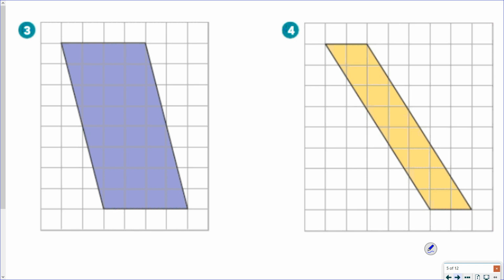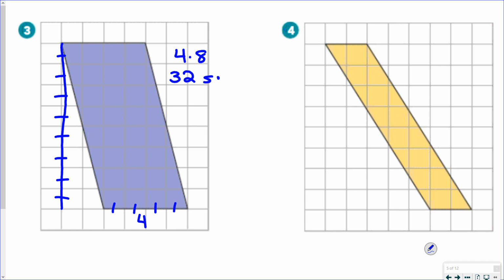So again, we need to identify a base and a height. So the base, we'll just use this bottom part again. 1, 2, 3, 4. Height. I'm going to drop that down. I went off a little bit, and that's okay. 1, 2, 3, 4, 5, 6, 7, 8. So 4 times 8 for 32 square units.